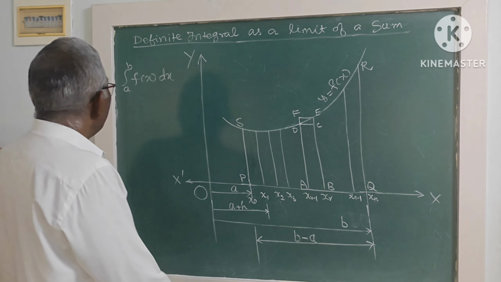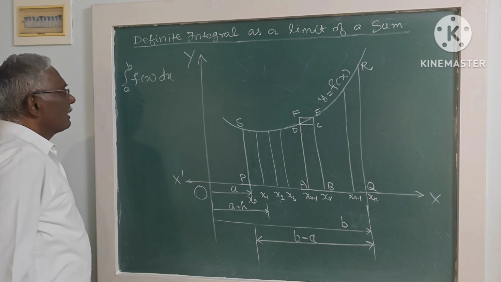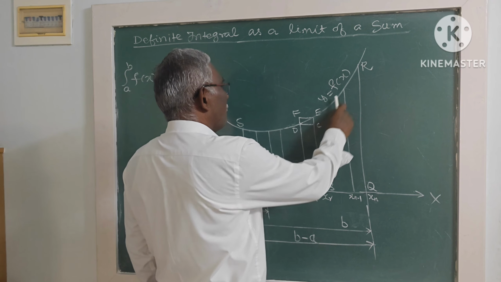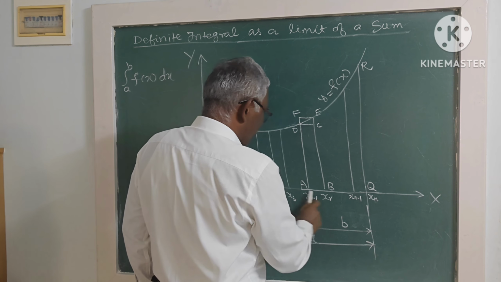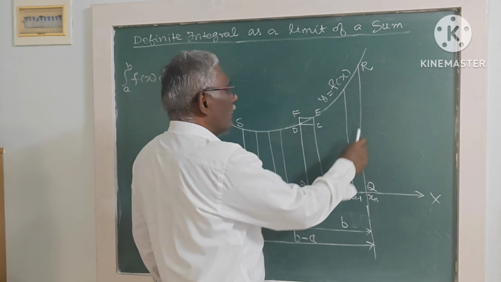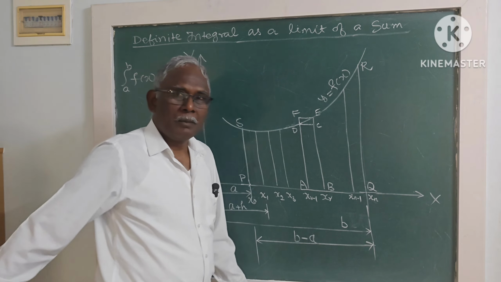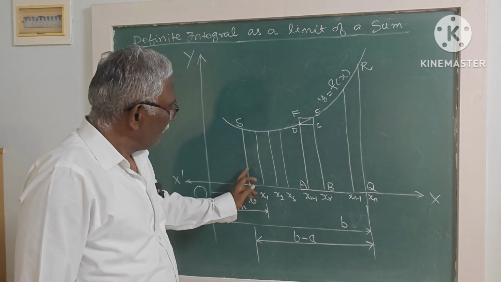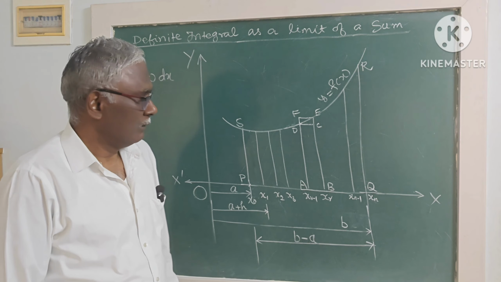Now, the definite integral from a to b of f of x dx is the area of the region bounded by the curve y is f of x, the x-axis, and the ordinates x is equal to a and x is equal to b. Now we have to evaluate the area of this region.